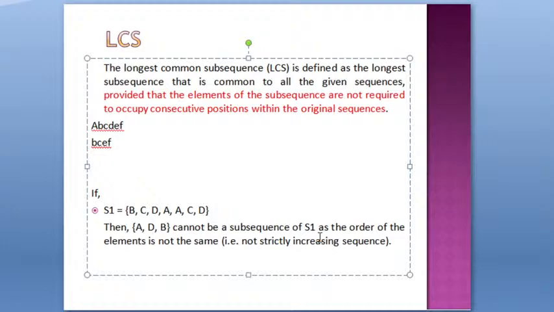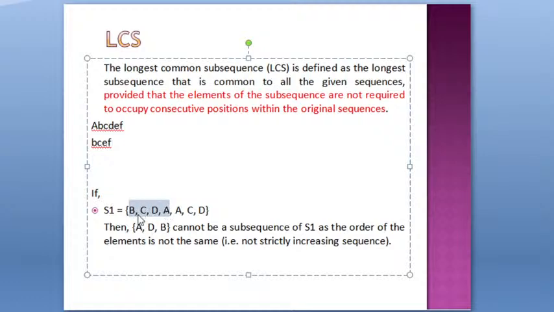Why? Because the subsequence must be in increasing order of positions. See, in the original data set, my A is present here, my D is present on the left-hand side of A, and my B is also present on the left-hand side of A and D. So it is going from right to left, which means it is in decreasing order. The subsequence is in decreasing order, so it is not possible.